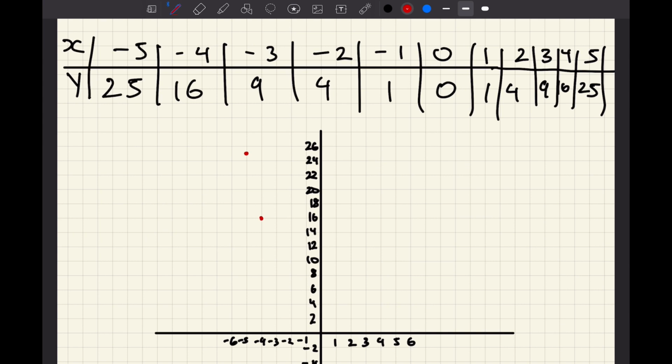Yes. 3 is 9. -2 is 4. -1 is 1. And 0 is 0. Then I go back. 1. 2 squared is 4. 3 squared is 9. 4 squared is 16. 5 squared is 25.